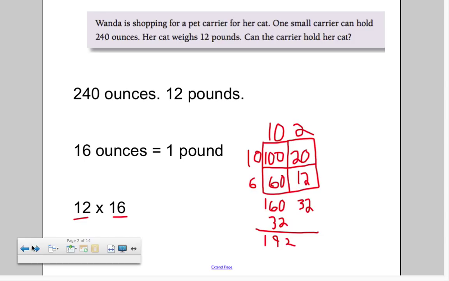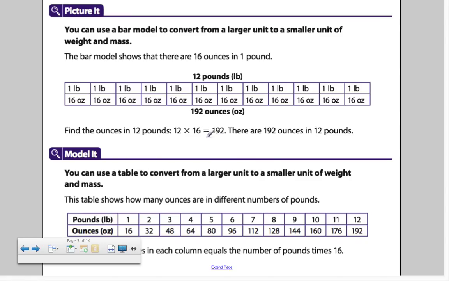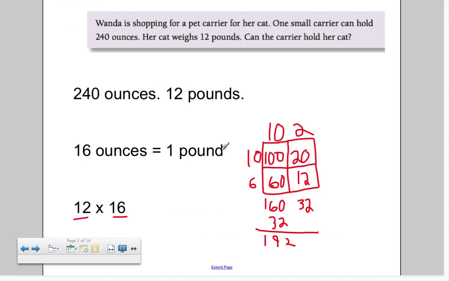Now, as you can see on the other page, that's what they got too. Look, 192. So we know we did that right. So in the end, it says, can the carrier hold the cat? Yes or no? Well, the carrier can hold 240 ounces.